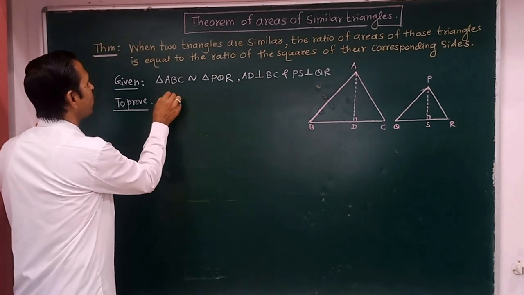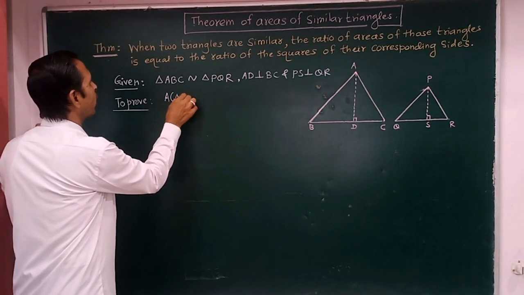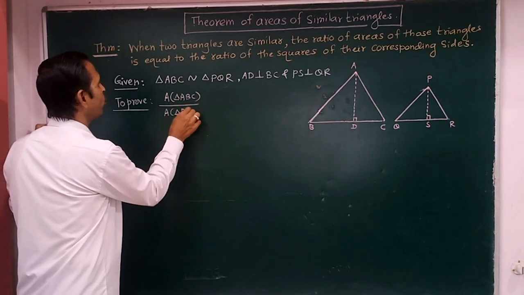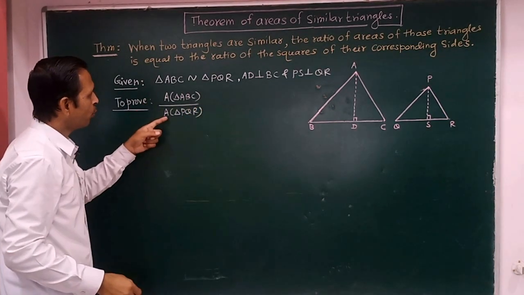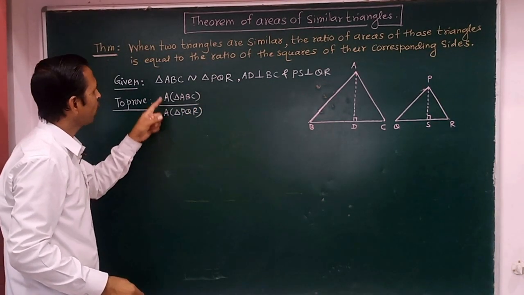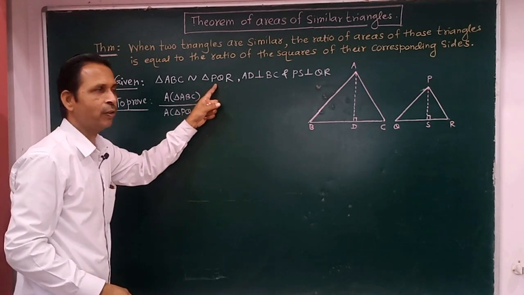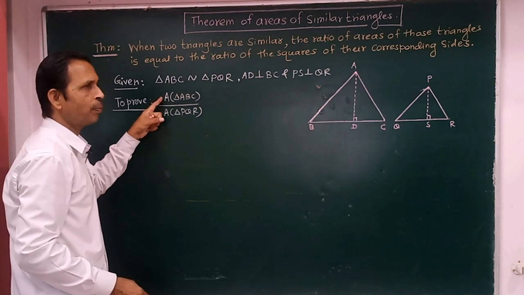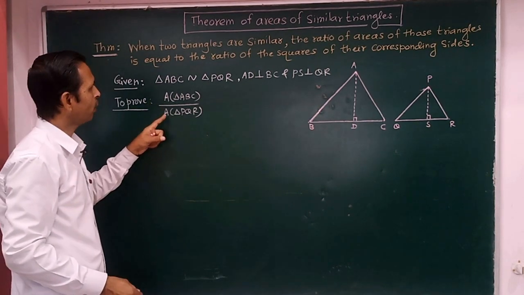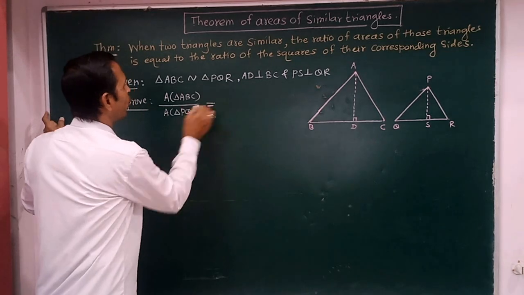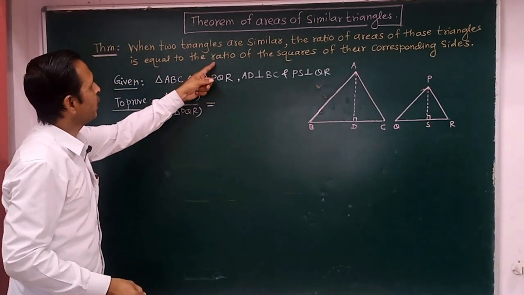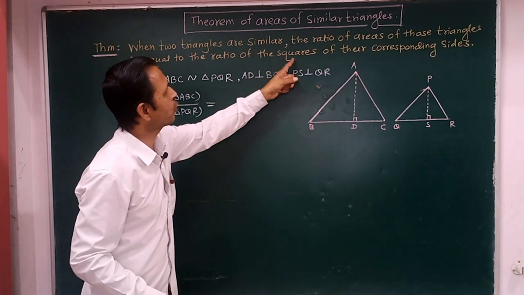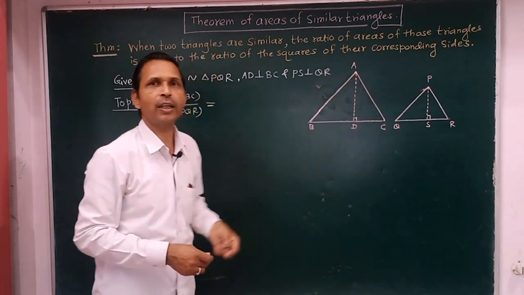These two triangles are similar, so the area of triangle ABC upon the area of triangle PQR, this is the ratio of areas of the two similar triangles, is equal to the ratio of the squares of their corresponding sides.